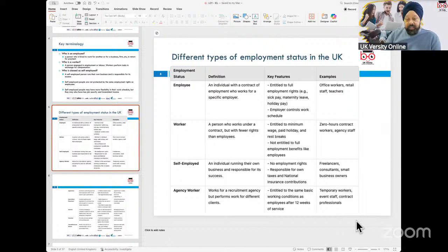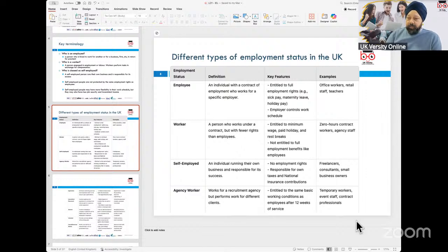Now, they have the same entitlement, but generally, if you work continuously for an employer or a particular organization for 12 weeks or more, then the agency worker is bound to be offered a contract by the organization, because you're working through an agency but with the same employer. In such cases, there are contractual obligations as per employment law which need to be fulfilled, and you would then be offered a contract from the organization themselves.